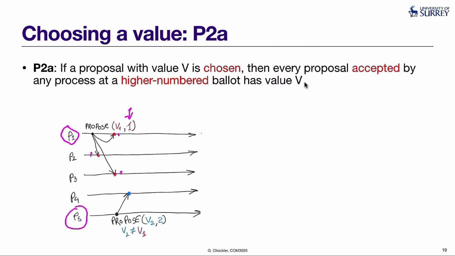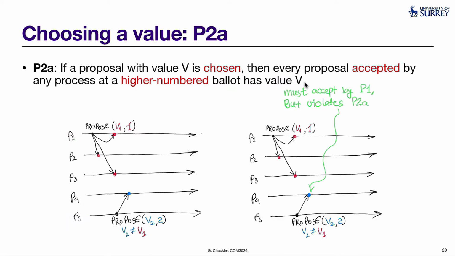And why is it doing that? Exactly because property P2A is not precise enough. It is not saying what the leader should do. It only says what the process should do. And so because of that, P5 can still propose a different value. Then this value arrives at P4.